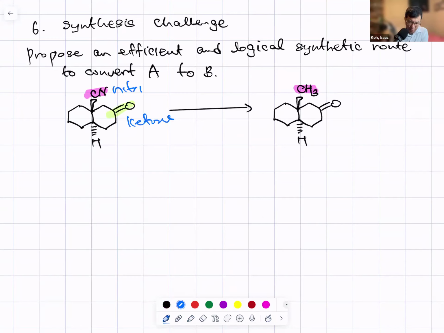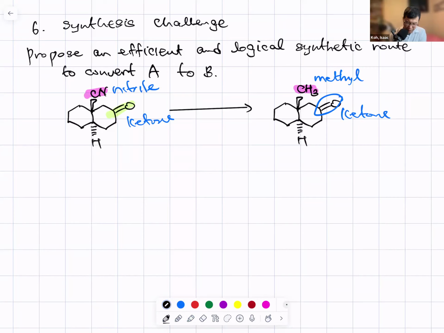Here is the nitrile, and two six-member rings, they are fused, and the nitrile is turned into a methyl group, and the ketone is preserved. So the ketone is not changing, but the nitrile is converted to a methyl group.